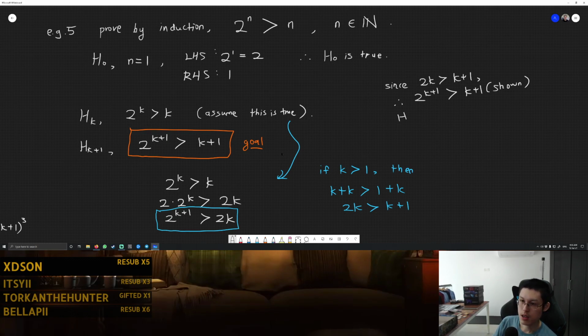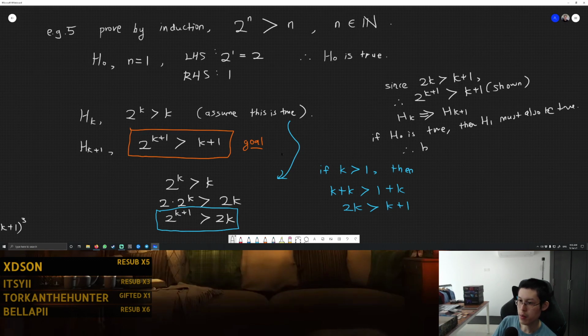Therefore, hk to hk plus 1 has been proven. So if h0 is true, then h1 must also be true.